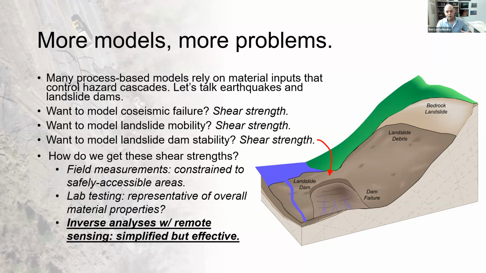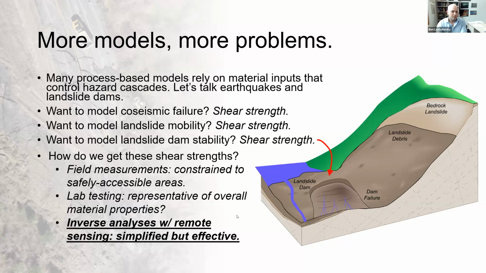We can control the loading rates and hydrology. However, when we take samples back to the lab, one big question is how representative they are of the actual field conditions and heterogeneity at the scale of a big landslide, which might have discontinuities or things not captured in the sampling process.